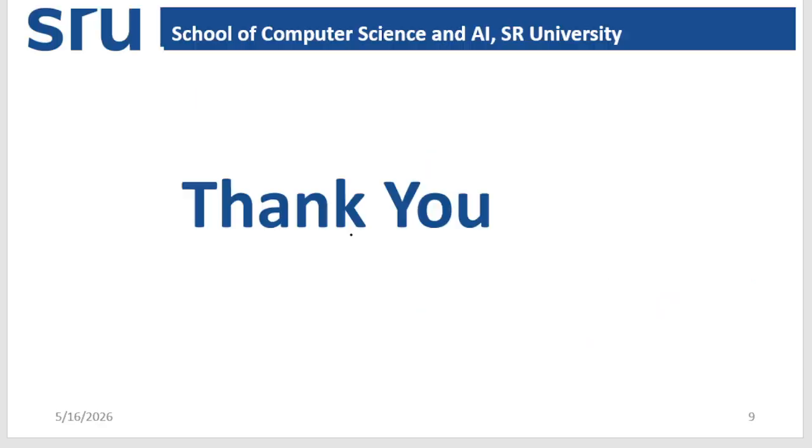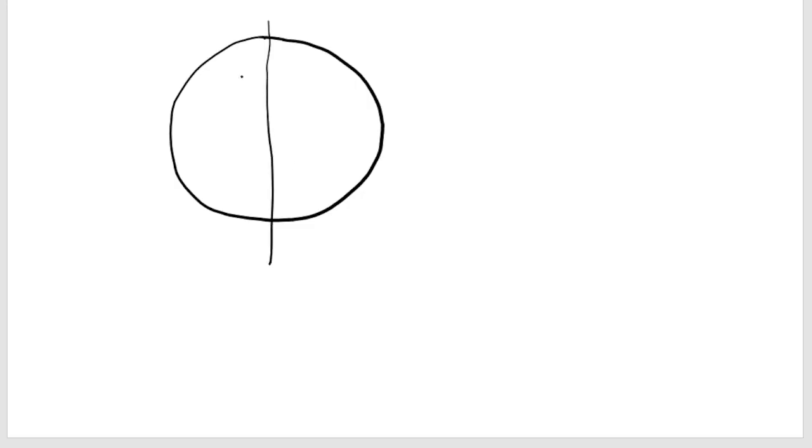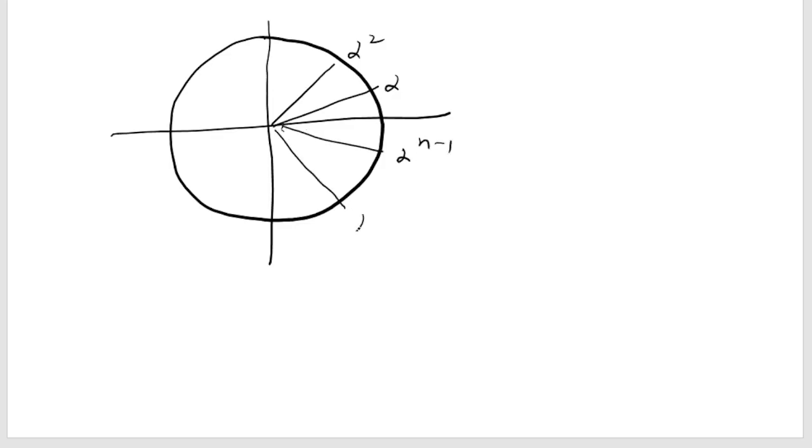Same way we can talk about alpha square. Let's say this is alpha square, this is alpha to the power n minus 1, this is alpha to the power n minus 2. Okay, so we can clearly see alpha square is e to the power i 4 pi by n, and alpha to the power n minus 2 is e to the power i 2 pi minus 4 pi by n.